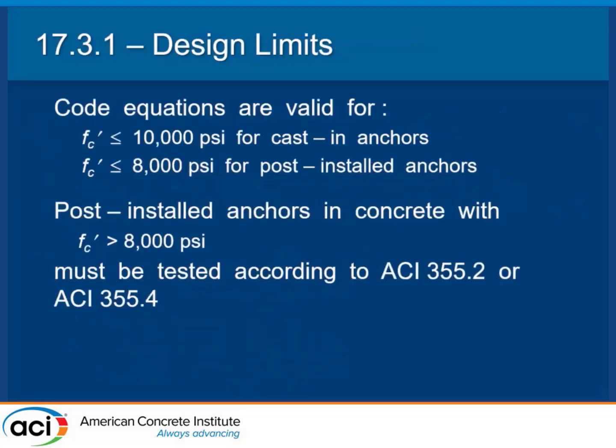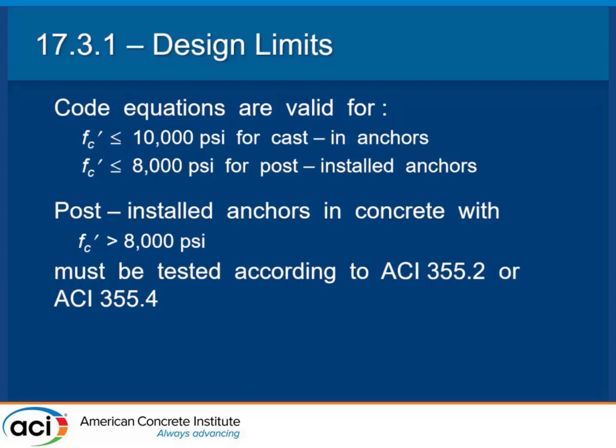We do have general limitations for cast-in anchors. We just don't have test data enough above 10,000 PSI. That does not limit you from using the anchors in concrete greater than 10,000 PSI, but in your equations, you can't use a number greater than 10,000. Post-installed, I don't even know what you have.